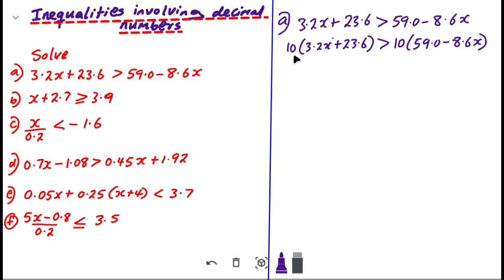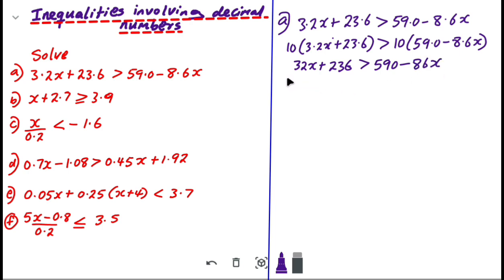Now, if we open the bracket, 10 times 3.2 will give me 32x plus 10 times 23.6 will give me 236 greater than 10 times 59.0 will give me 590 minus, if we multiply 10 by minus 8.6x, it will give me minus 86x.